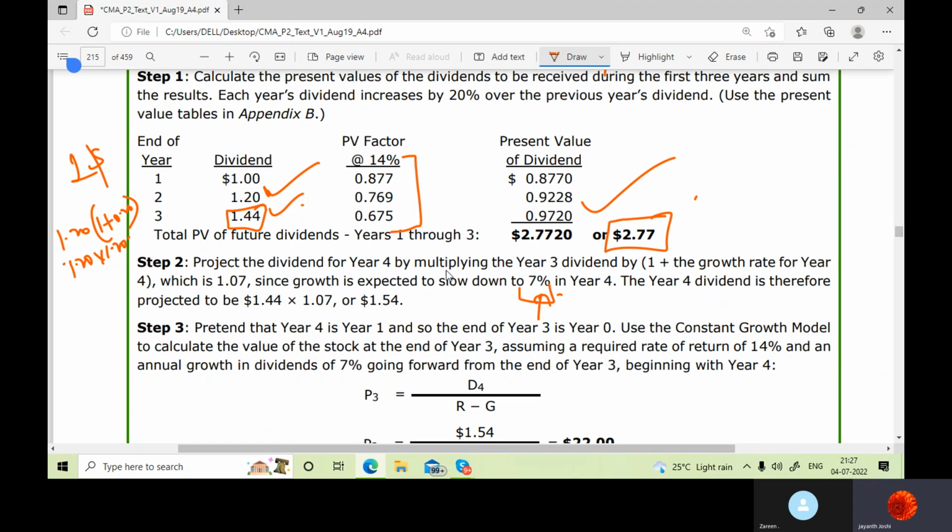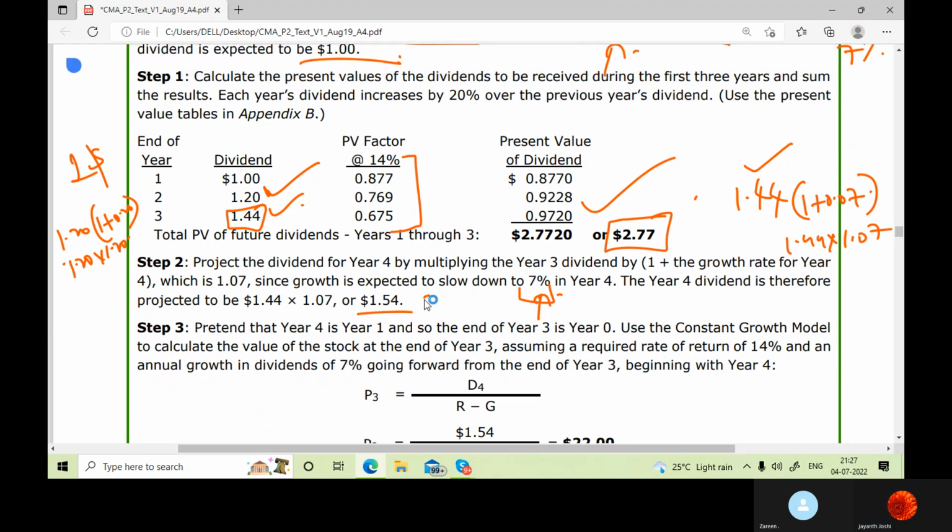Project the dividend for year 4 by multiplying the year 3 dividend, 1.44, by 1 plus 0.07, that is 1.44 into 1.07. You'll get the dividend as 1.54. So this is the dividend of the fourth year, correct?